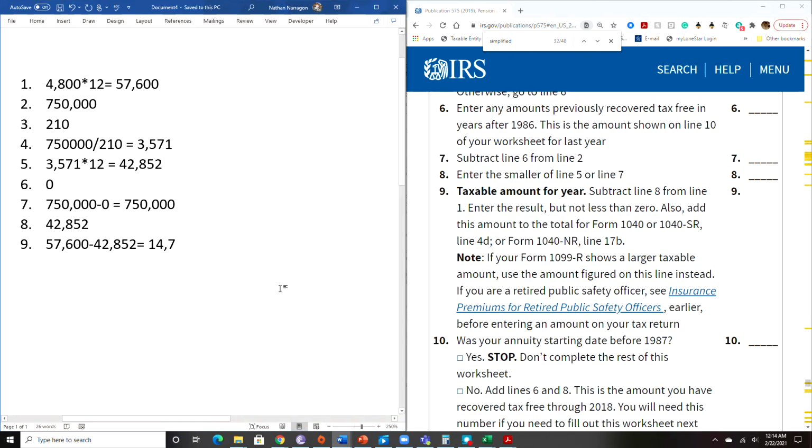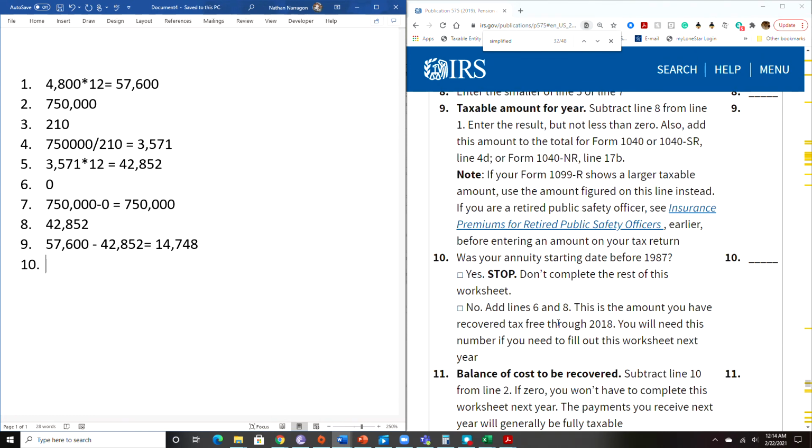Okay. Using this simplified method, it's taking a lot more time than it feels like. All right. Was your annuity start date before 1987? This is no. So no, add lines 6 and 8.